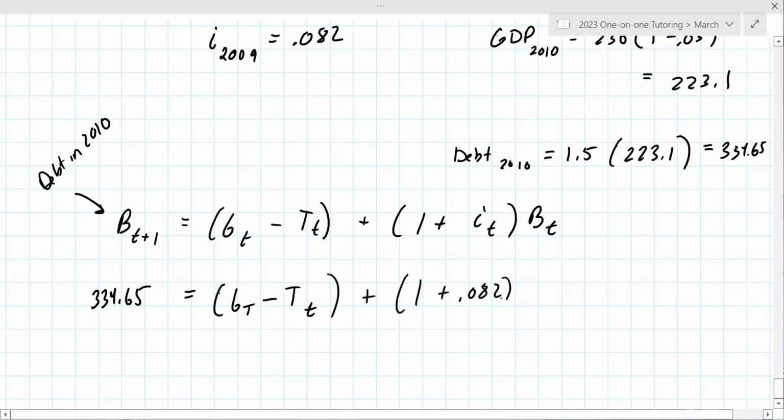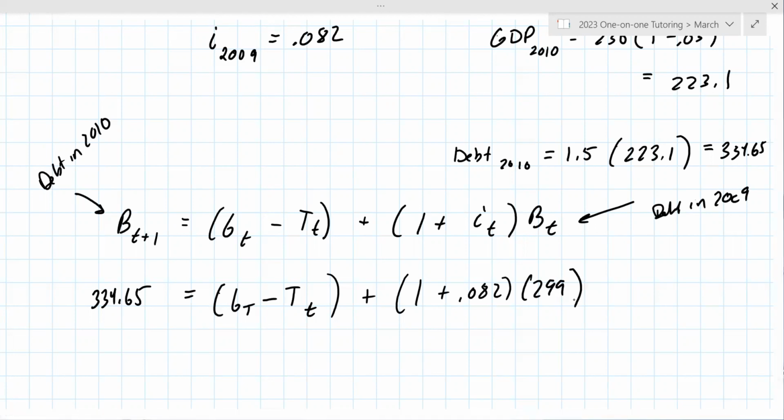That was calculated there. And the B of T is the debt from the previous year. This is the debt in 2009, which we calculated from the previous part. Oh, okay, got it. I believe, yes. And then we solve for that chunk in the middle, basically. Yeah. Now I'm going to actually do that because I don't really like the way I don't know that I see it.